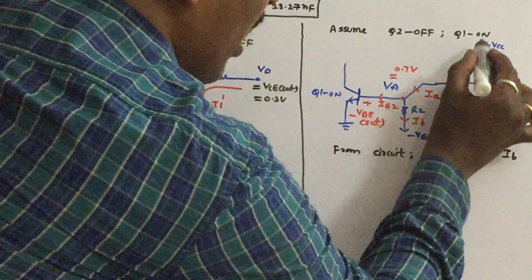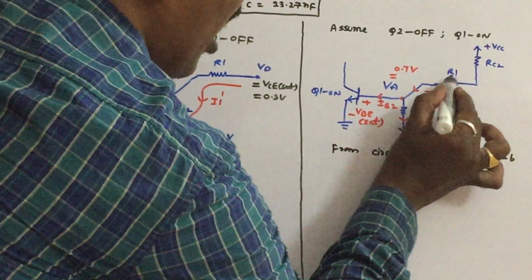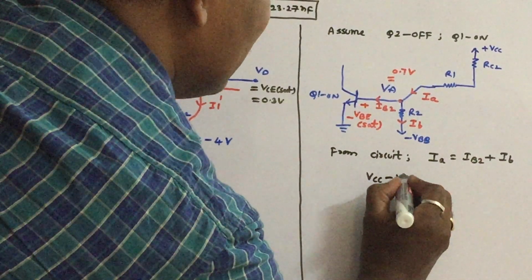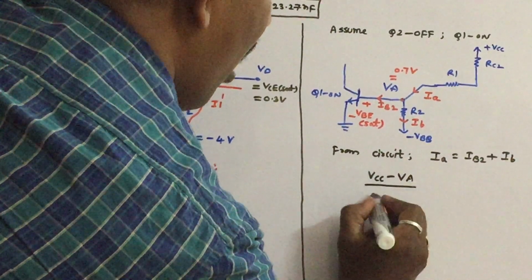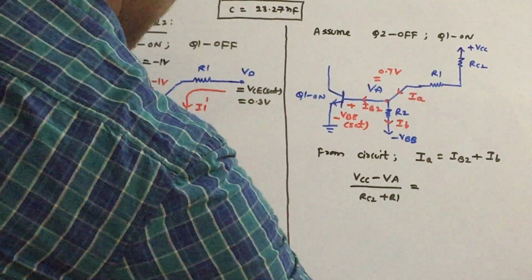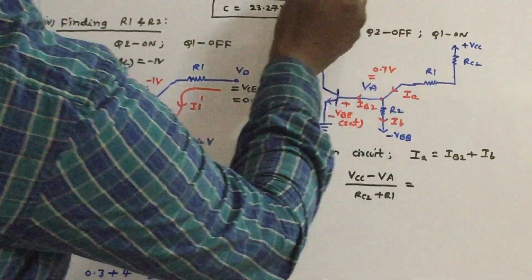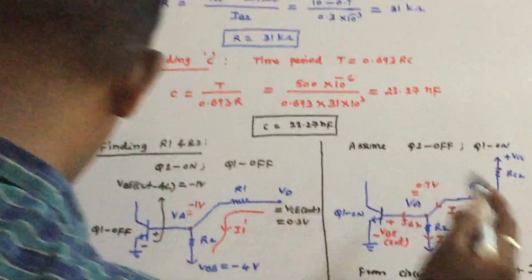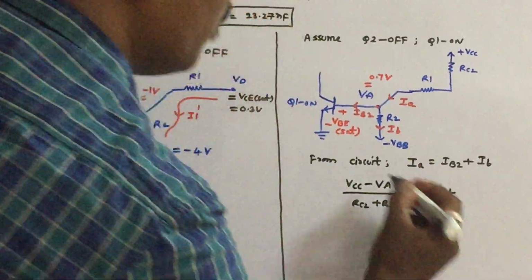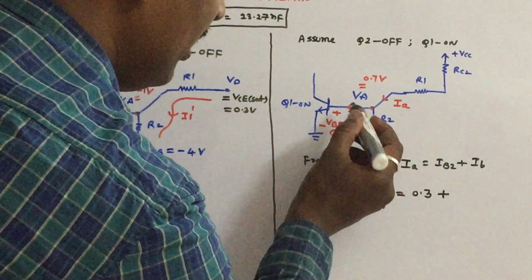What is IA? The IA current in this branch is VCC minus VA by RC2 plus R1. What is IB2? IB2 came out earlier as 0.3 milliamperes, because both the transistors are identical and the base current is the same.